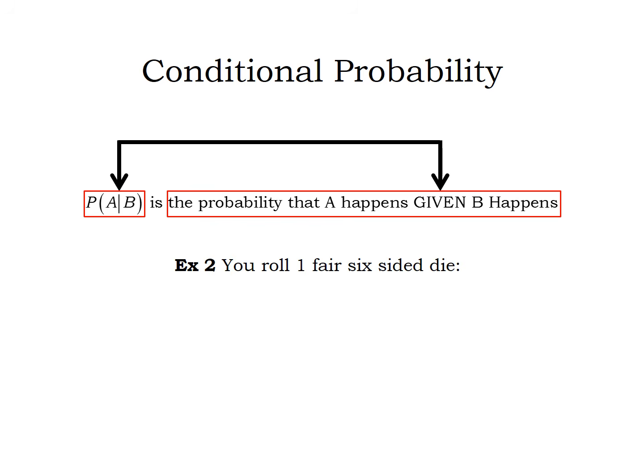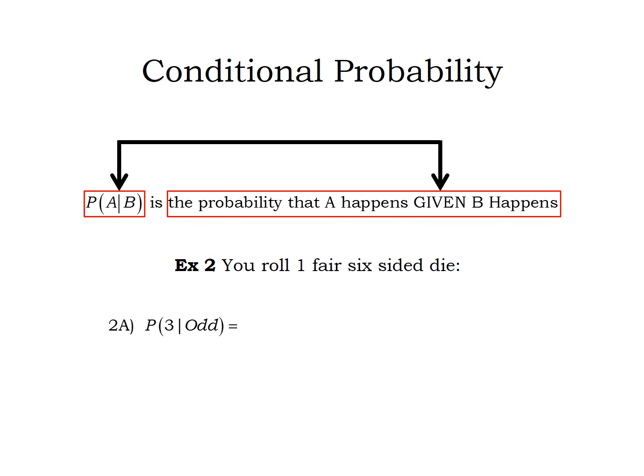We're going to stick to our rolling a fair six-sided die. Here I want the probability that our result is a 3 given or knowing that it is odd. So we know the result of the die is odd. We don't know what it's going to be, but we know it was an odd number. At this moment, given that it was odd, there are actually only 3 numbers to choose from.